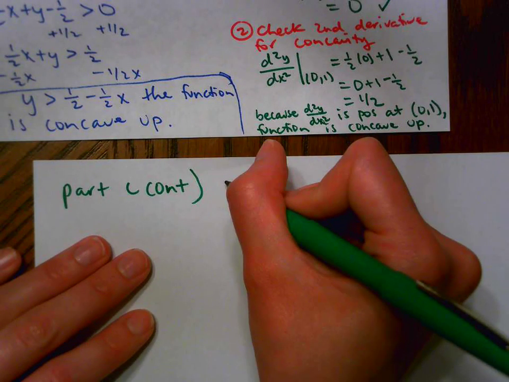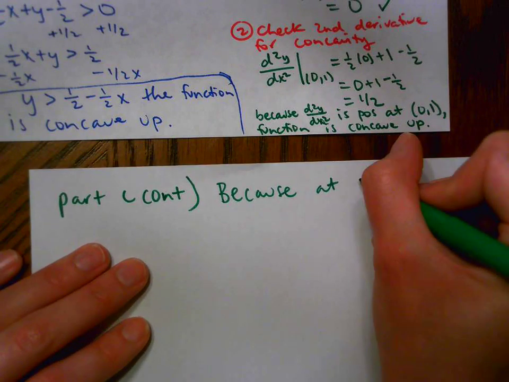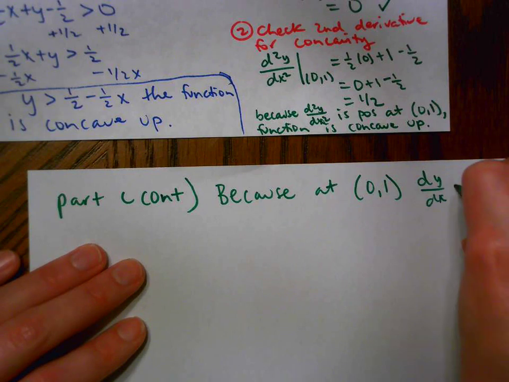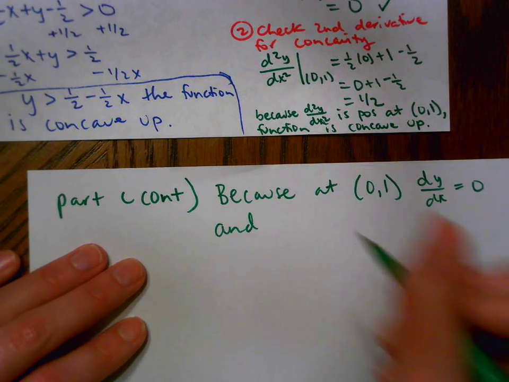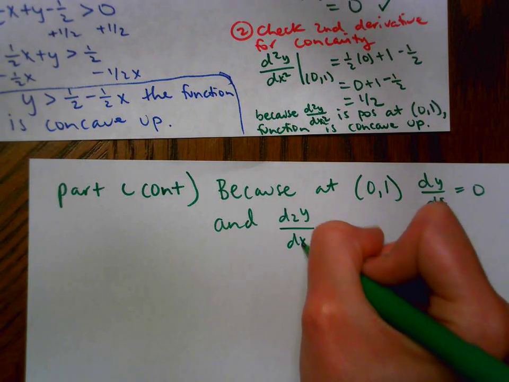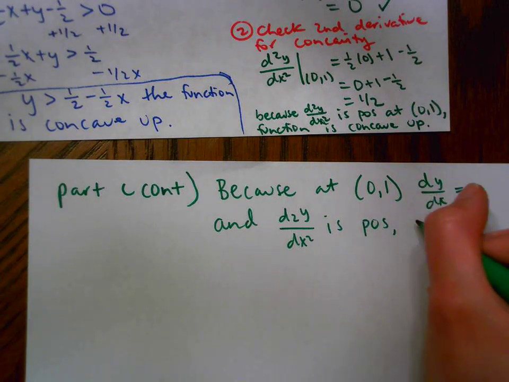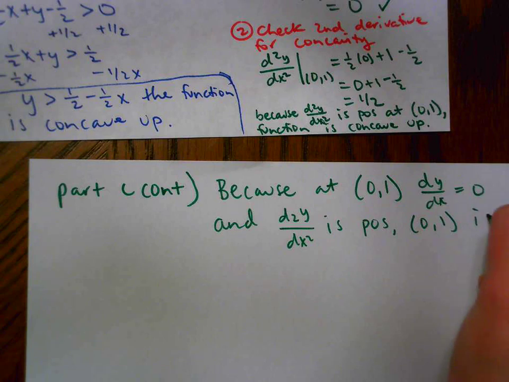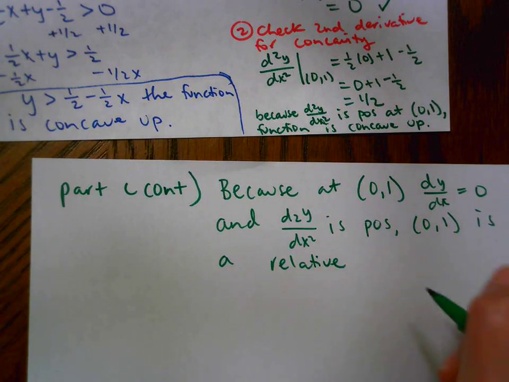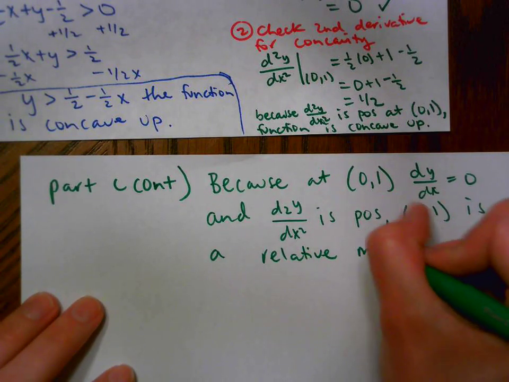So you would write out because at the point (0, 1), dy/dx equals 0, and the second derivative is positive, (0, 1) is a relative, what do we say, if it's concave up, it creates a minimum, relative minimum.